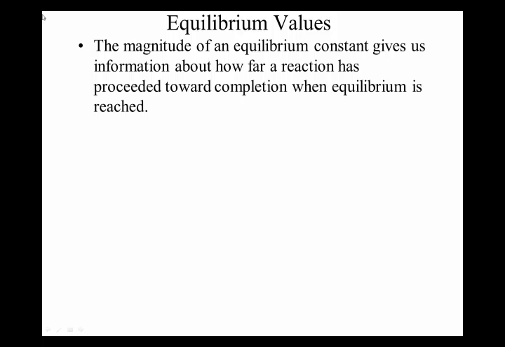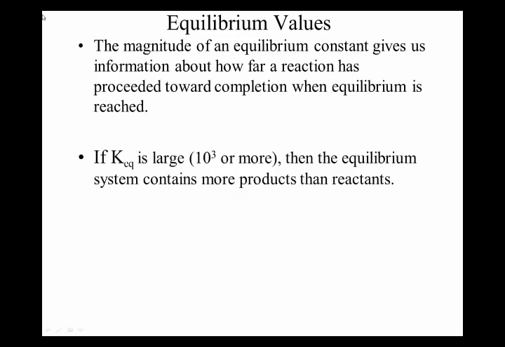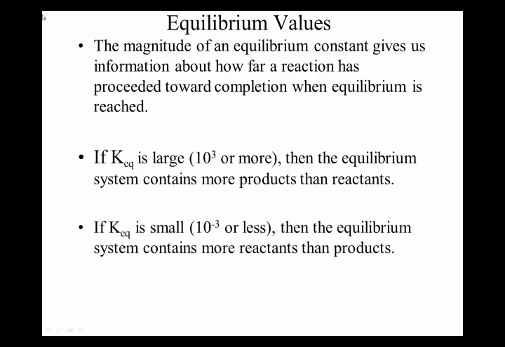If the equilibrium constant K is really big, remember, it's products over reactants, so this means there's a lot of products and very few reactants. If it's a small number, like a negative exponent, then there's a lot of reactants and very little products. So we have some terms to describe that.